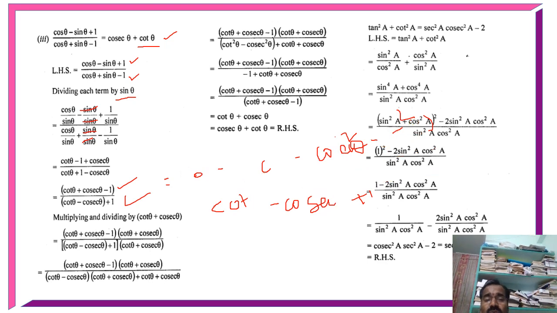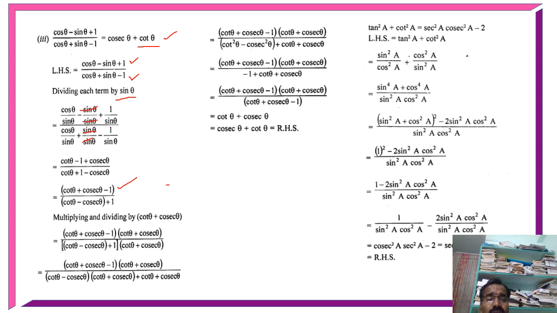Let us do it, students. According to the given question, we can write the next step as cot theta plus cosecant theta. If you change the order in addition, there is no change in value.